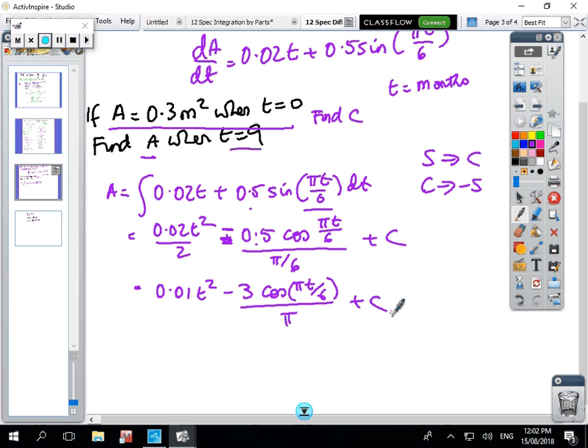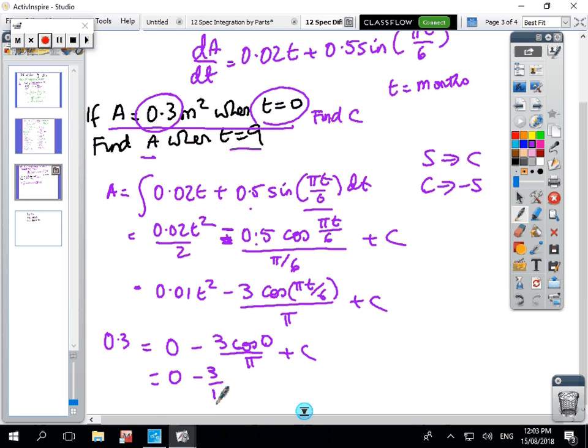Then we use this value 0.3 when t equals 0. Okay, so we've got 0 minus 3 cos 0 over pi plus c. Cos of 0 is 1. So c equals 0.3 plus 3 over pi.